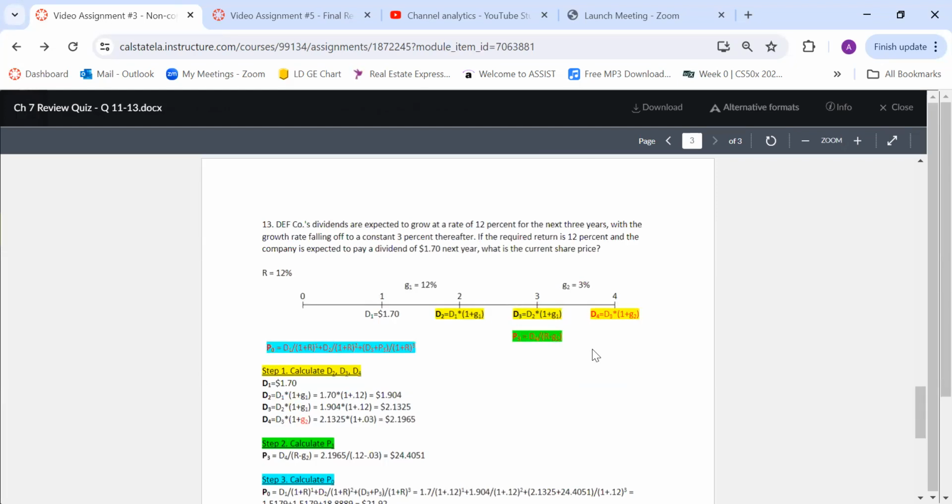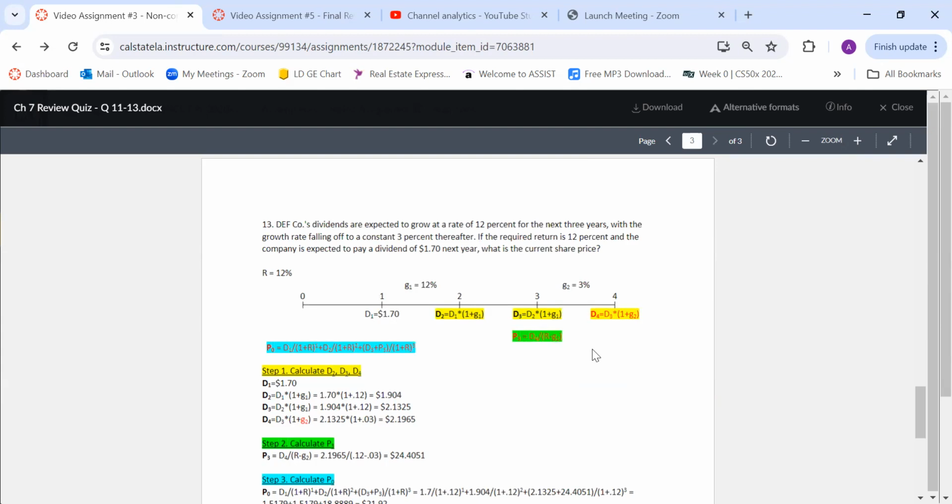We're going to start off again by calculating our dividends. Dividend 1 is $1.70, which was given because the company is expected to pay that dividend. It's not D0 this time, it's D1.